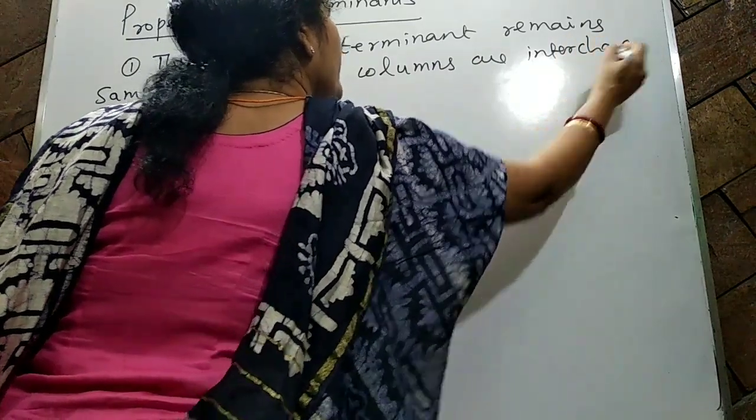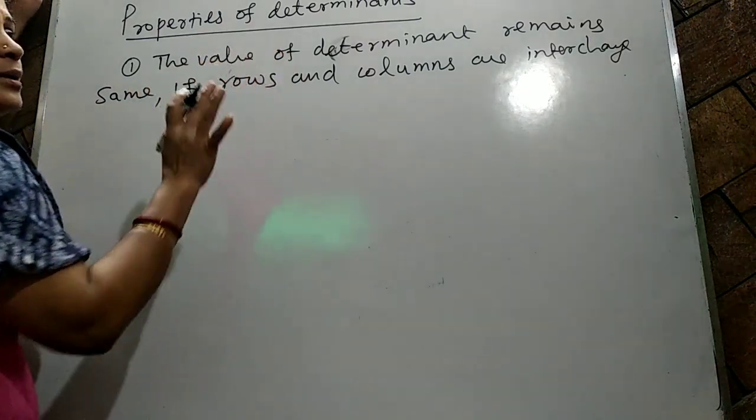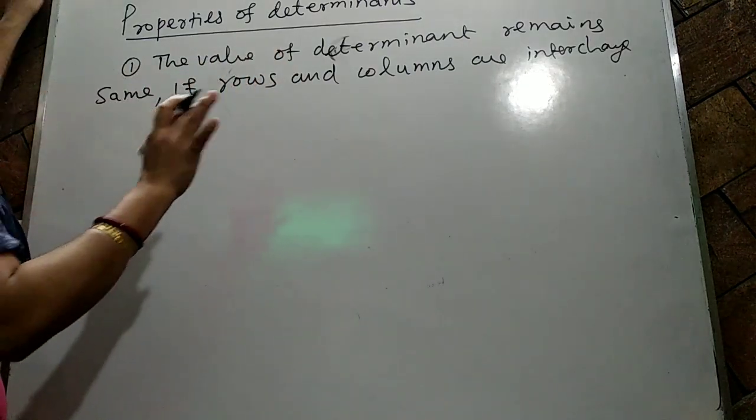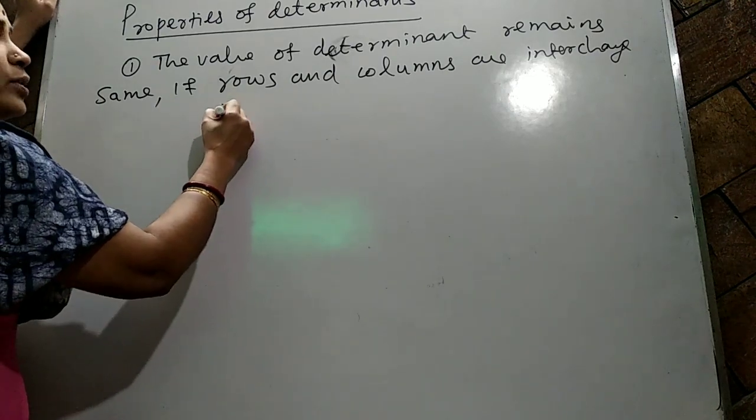That means what they are saying, if you are interchanging rows into columns, the value of determinant remains unchanged. That's what they are saying. Now I am going to prove that.